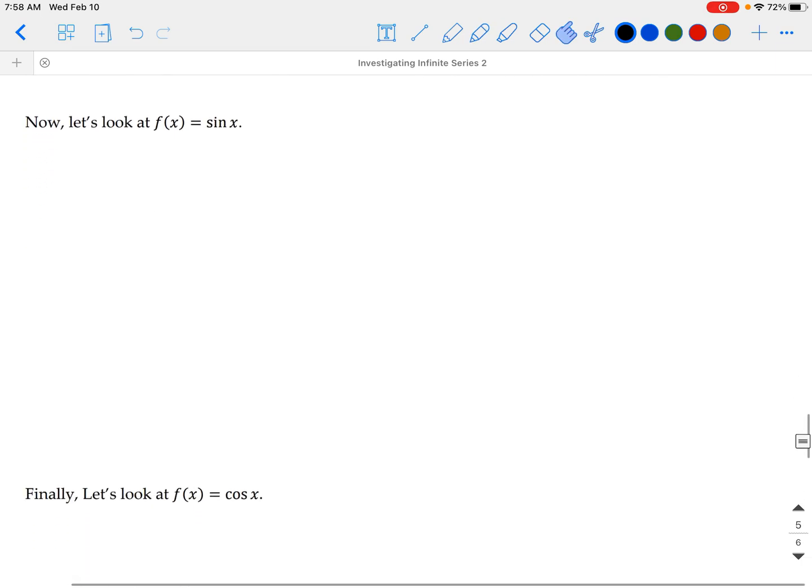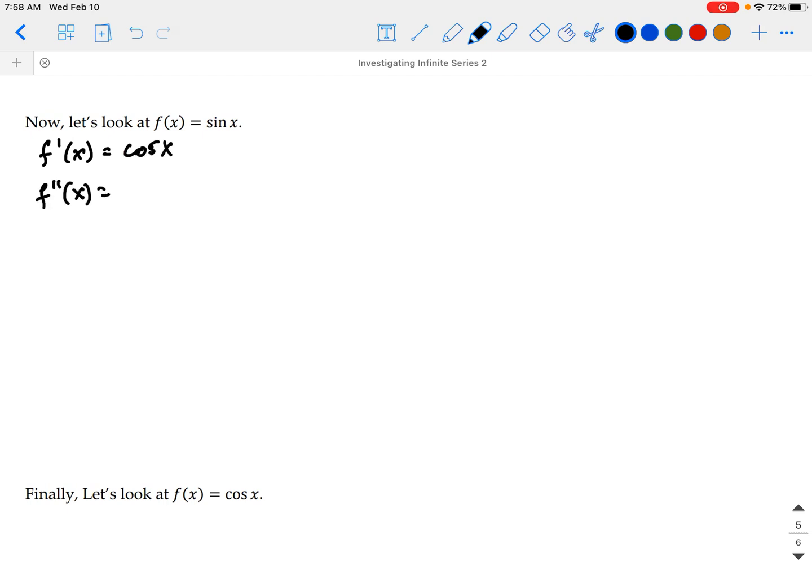Now let's do sine. So for sine x, again, we'll start taking some derivatives. So we've got cosine x, negative sine x, negative cosine x, and then sine x again.